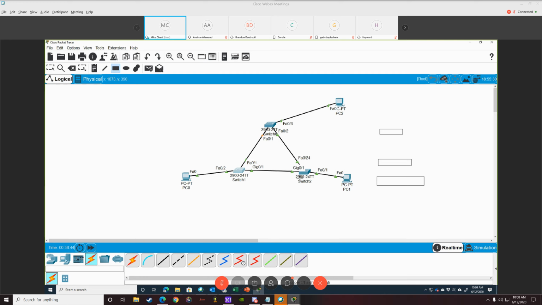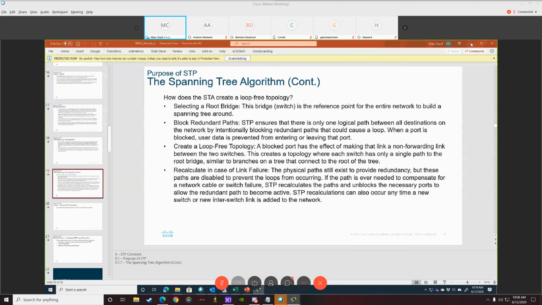This is something internal to spanning tree for all the switches to communicate. It's like a message constantly saying: are you there? Are you there? That's basically what the BPDU is for.